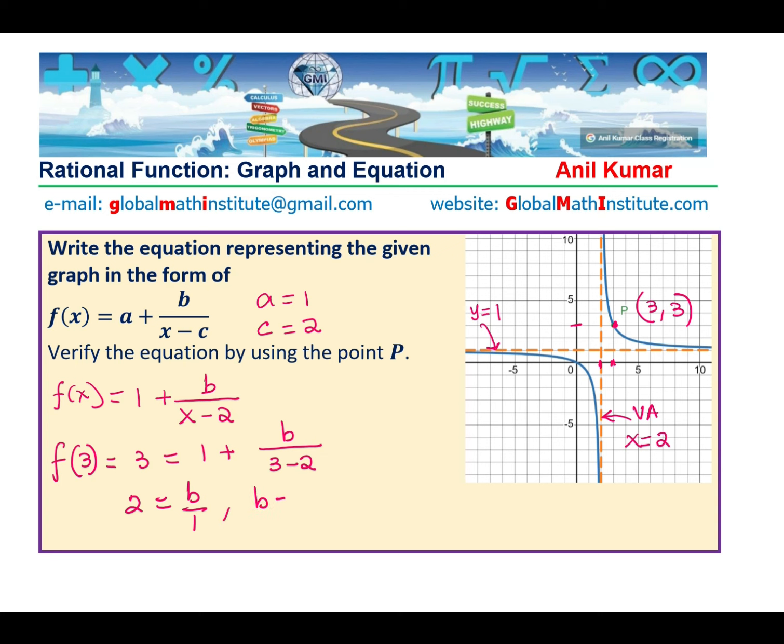So that gives us b as 2. Now since we know that b is 2, we can rewrite the function, and the function f of x is therefore equal to 1 plus 2 over x minus 2.